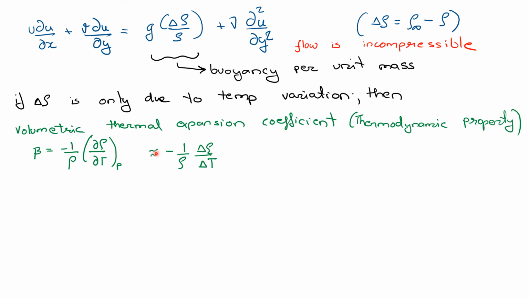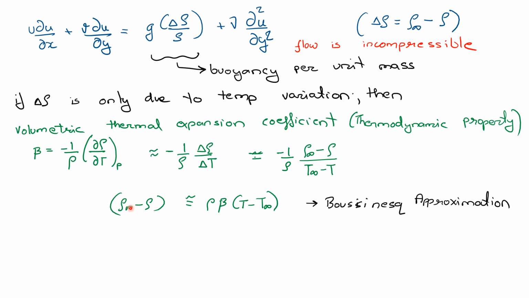So if I have to write an approximate form of this, I would write it as minus 1 by rho times del rho by del T, which is nothing but minus 1 by rho times rho infinity minus rho, which we've defined here, divided by delta T, which can be written as T infinity minus T. Now this approximation here is called the Boussinesq approximation, and it states that your change in density is proportional to the change in temperature times the thermal expansion coefficient times a reference density.